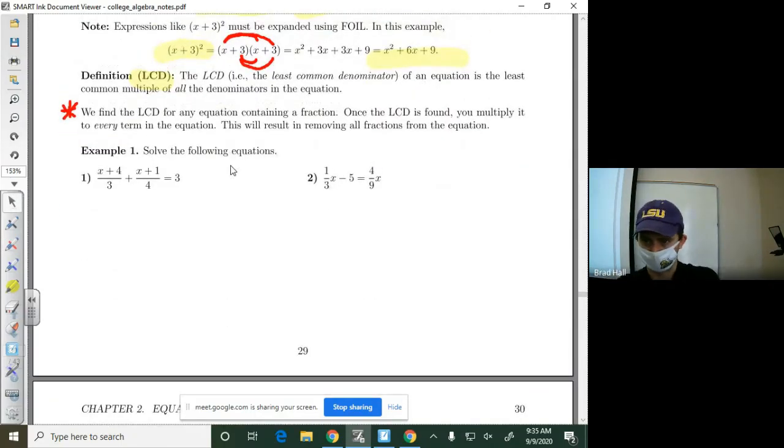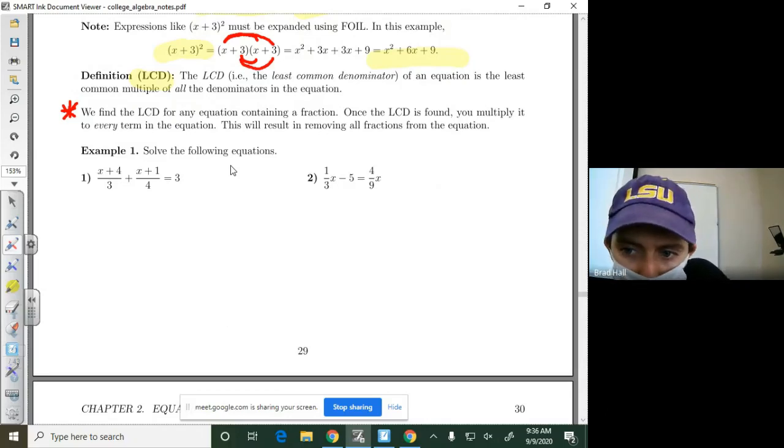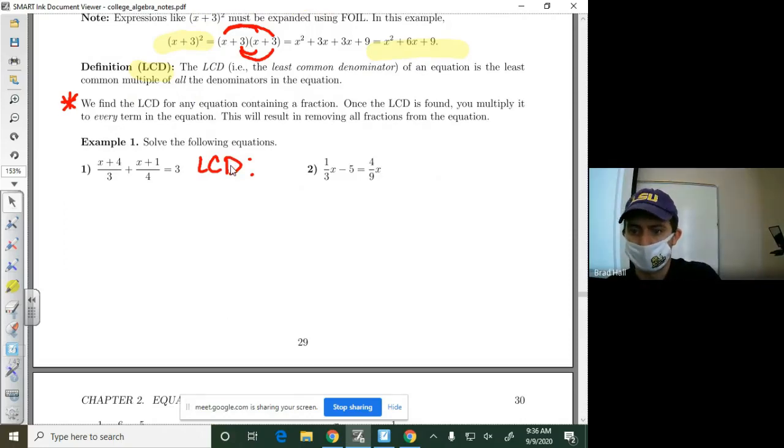You might notice examples 1 and 2 have fractions. So naturally, we want to find the least common denominator. It's the least common multiple of all the denominators involved.